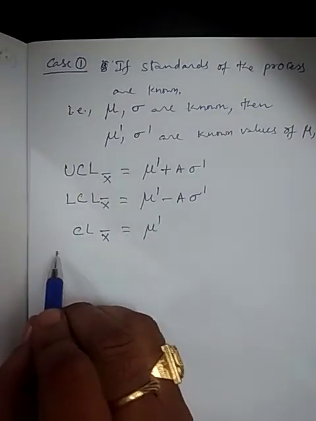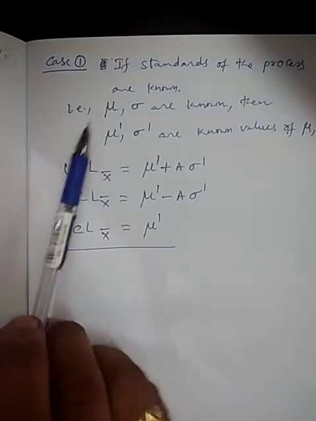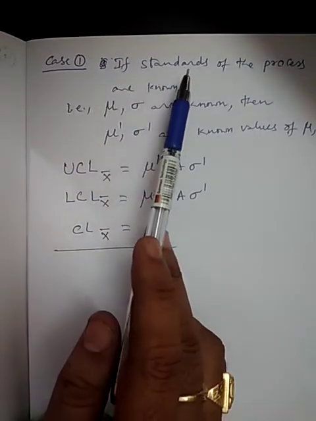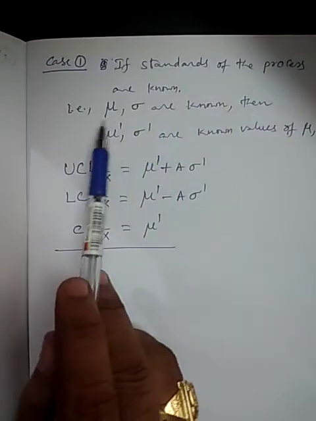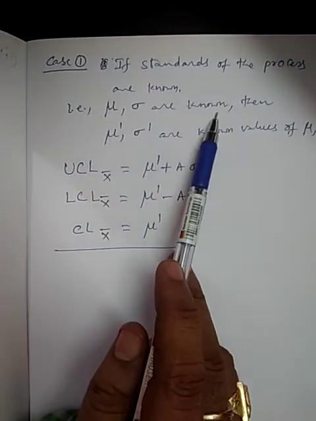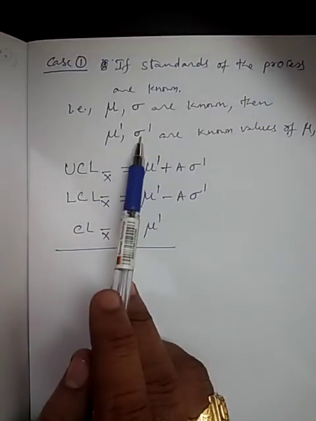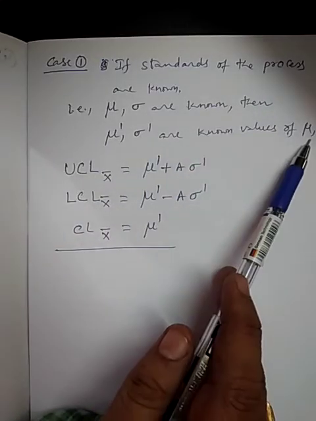So this is simple, case 1. What is case 1? If the standards of the process are known, given, then mu and sigma are known, and mu dash and sigma dash are the known values of mu and sigma.